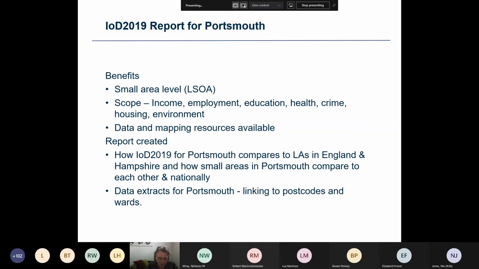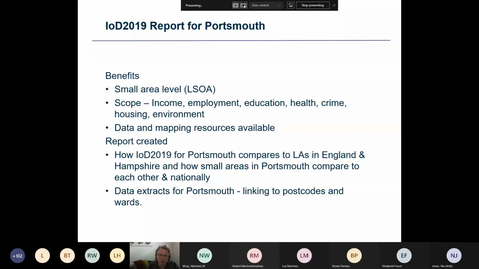And we created this report basically that summarises the sort of general guidance that's available, but also compares Portsmouth to local authorities in England and in Hampshire, and looks at how small areas within Portsmouth compare to each other as well as nationally.